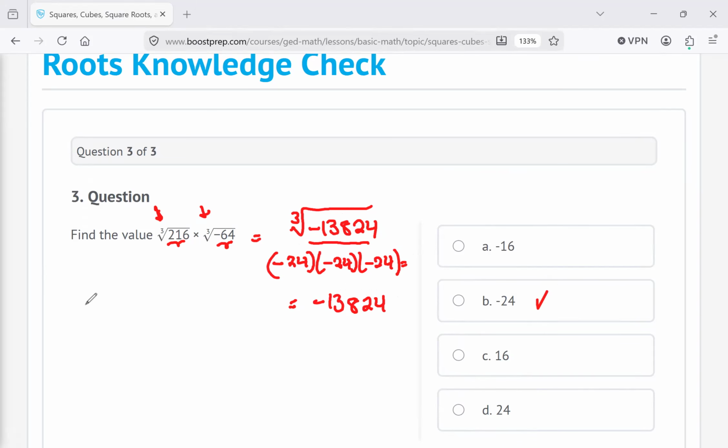What is the other option? You could do it individually. The cube root of 216: a number times itself 3 times. 6 times 6 times 6 is 216, so it's 6. And then do the cube root of negative 64. What number times itself 3 times gives you negative 64?